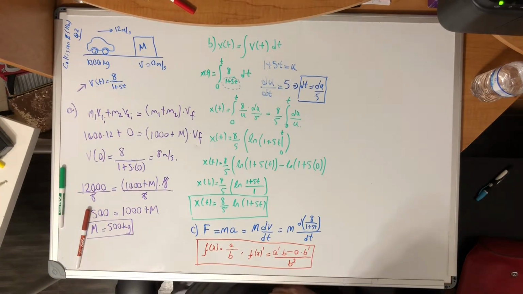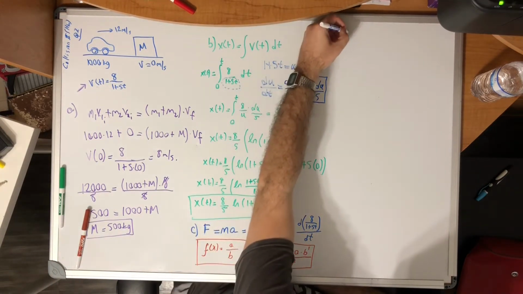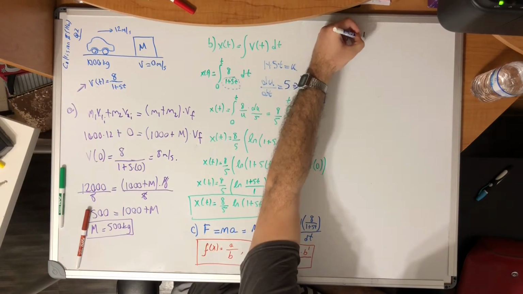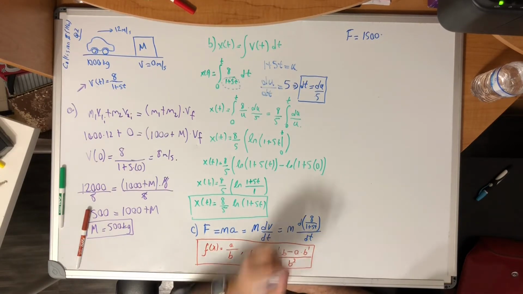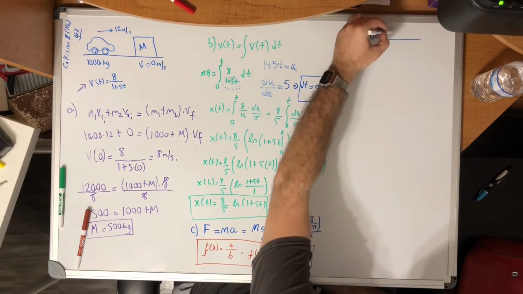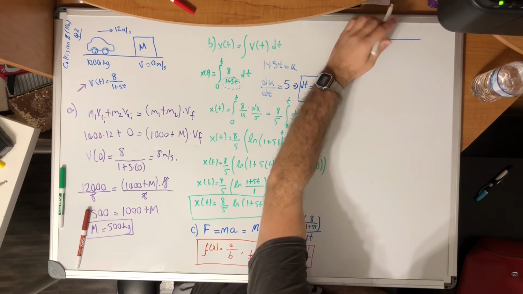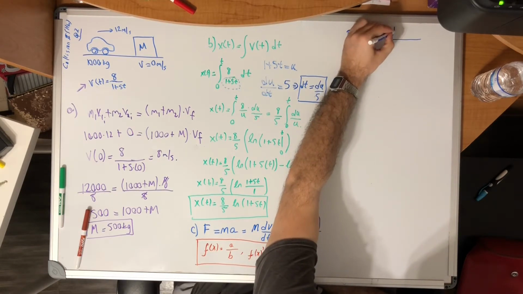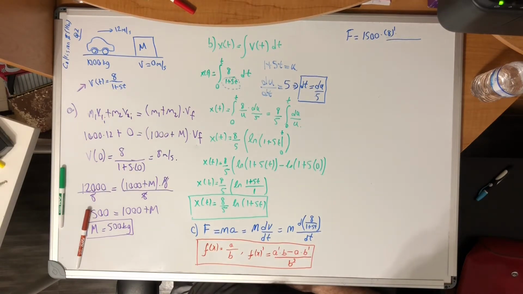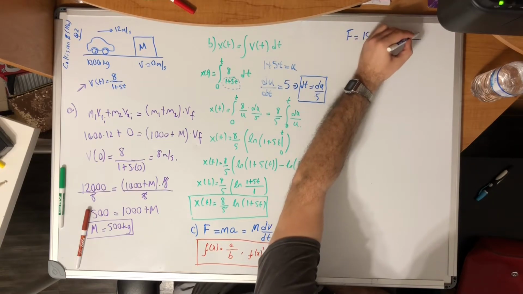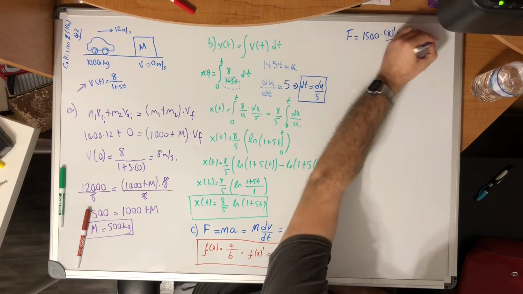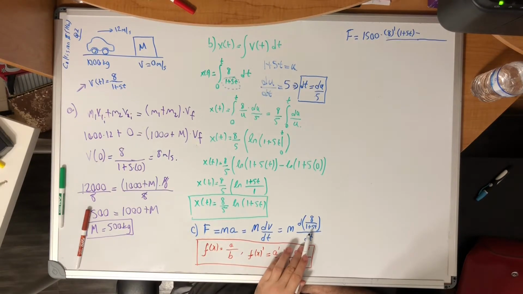So now let's plug in the numbers. F equals 1,500 times, let's take the derivative of this. So derivative of 8 times the denominator 1 + 5t, minus the derivative of the denominator, or we first multiply it with a, which is the numerator.